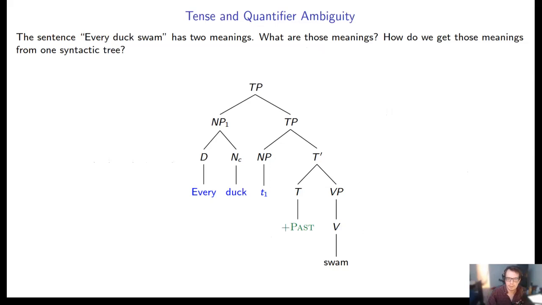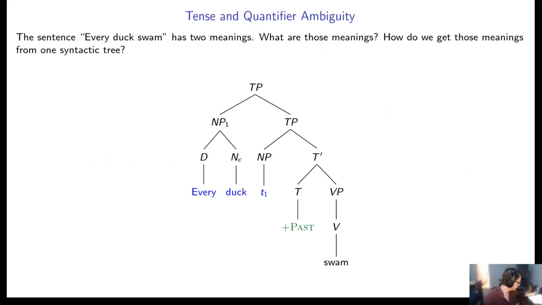Okay, let's talk about ambiguity. If we remember the trees from last time, I'll remind you, we introduced the TP. Now we can do tense in our syntactic trees.